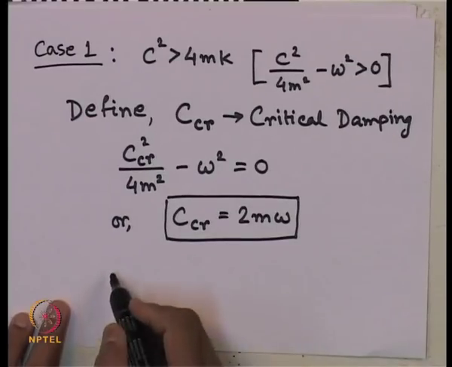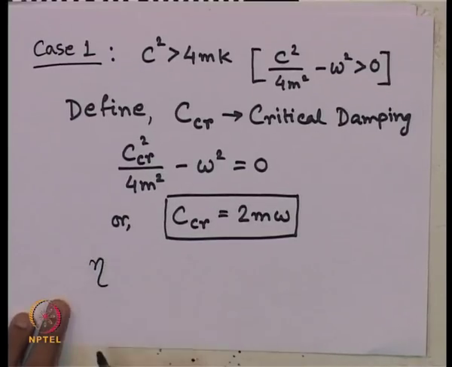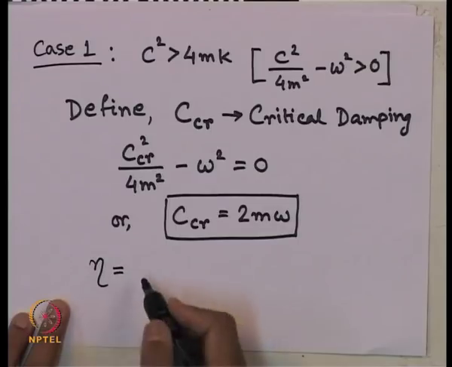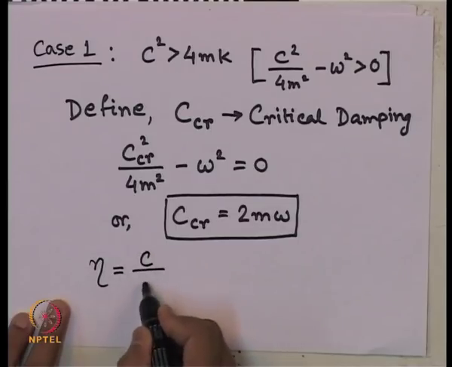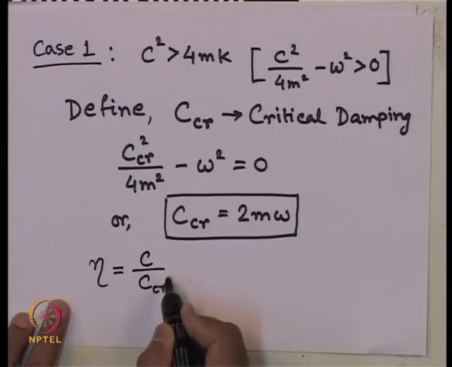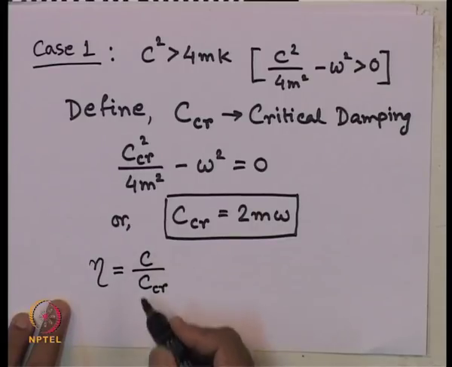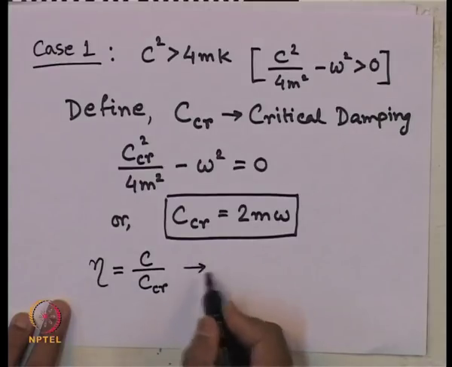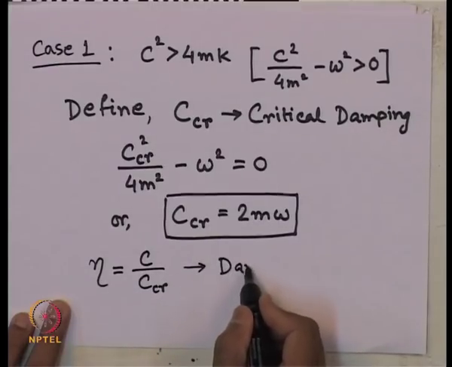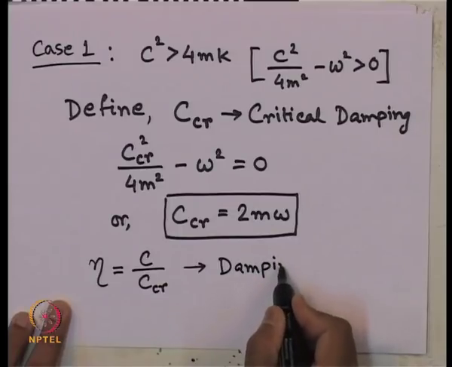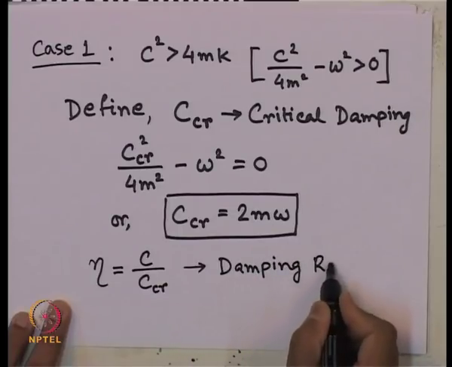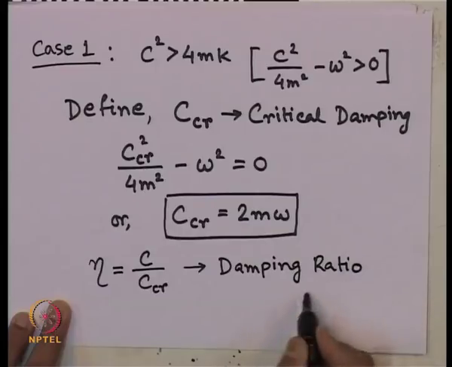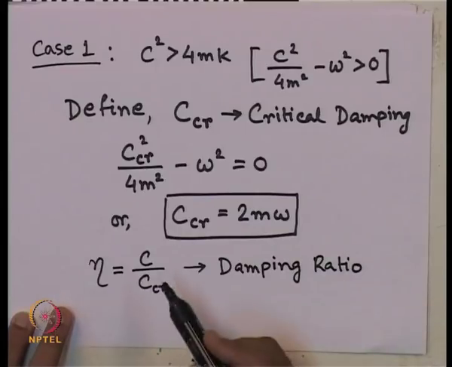Now, let us define another parameter eta as the ratio of the given damping constant to the critical damping constant. So, eta is known as damping ratio.